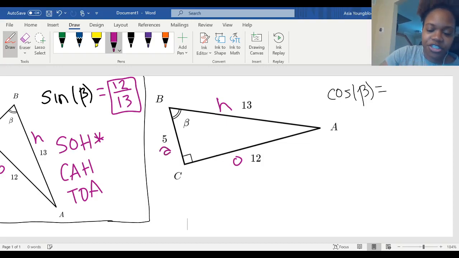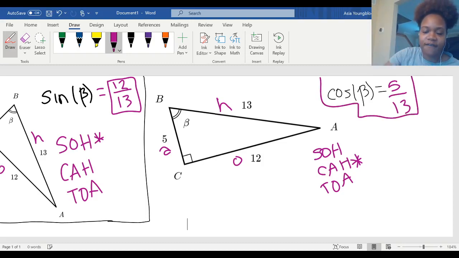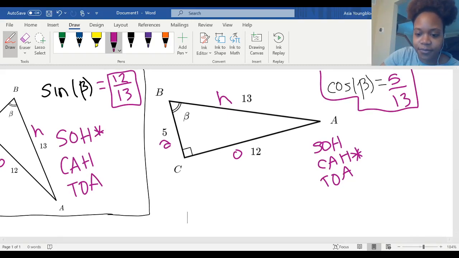And the 5 is our adjacent because it's touching the reference angle. So again, you want to think of SOH CAH TOA. So we're going to use the second one because it starts with the C for cosine. So the next letter is A, so we're going to put our A, which is 5, and then our H, which is 13. So the cosine of beta is going to be 5 over 13.